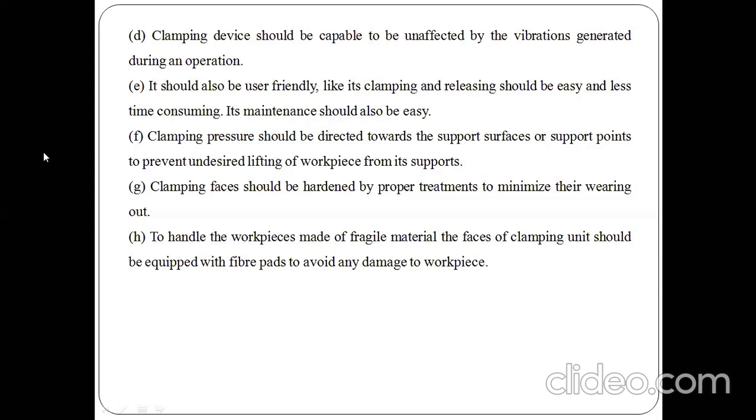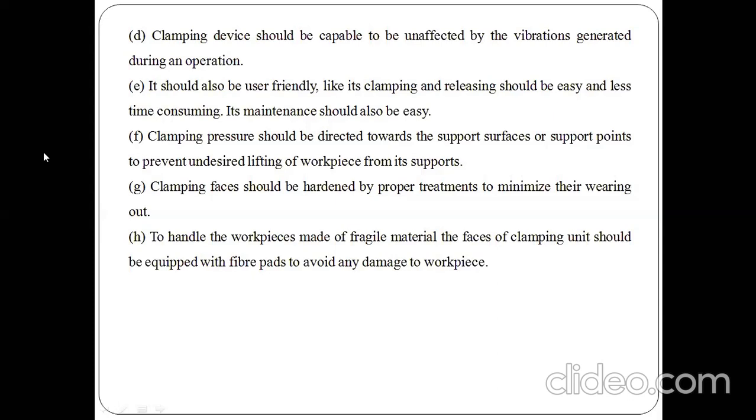For designing jig and fixture, we have to select the locator. According to the application, which operation we have to carry out on the machining component, we will select the type of locator and the type of clamping element. So for that purpose, clamping and releasing should be easy. It should be user friendly.